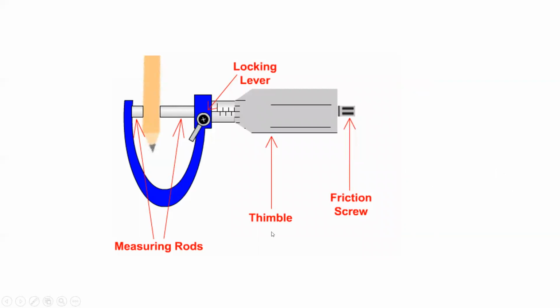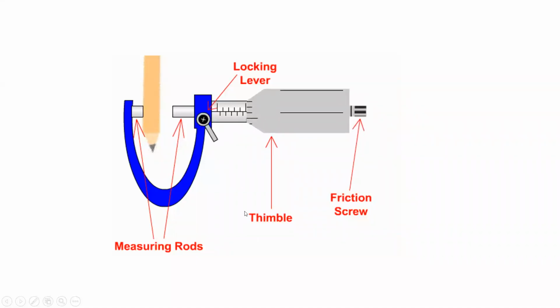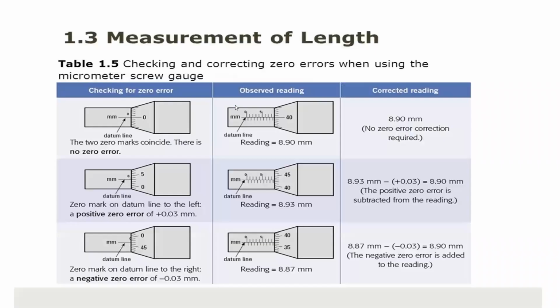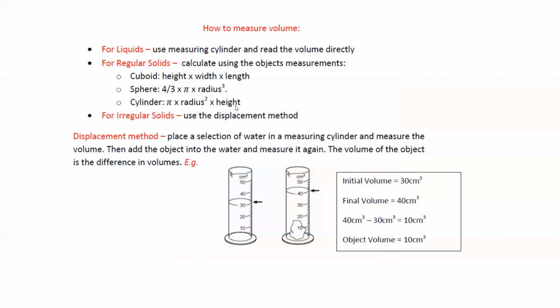So this is how we use a micrometer. The object is placed between the jaws, and we close the lever and read the main scale and the circular scale. This is just a quick revision of what we discussed yesterday.